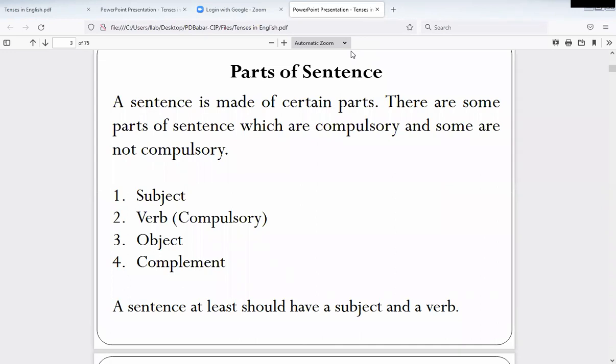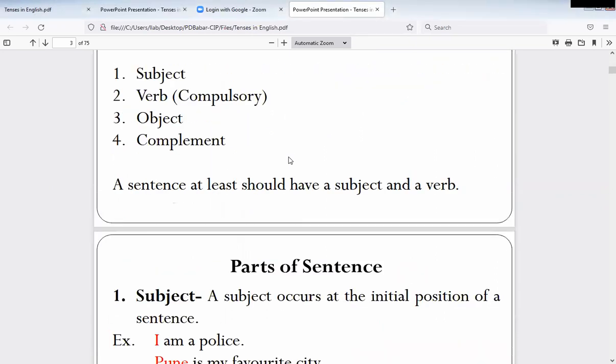Each and every sentence must have a verb in it for giving or taking any meaning out of that sentence. So a verb is a compulsory part of a sentence. Others can be used or not used.